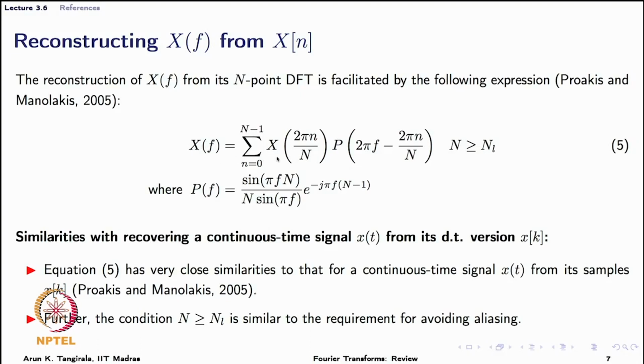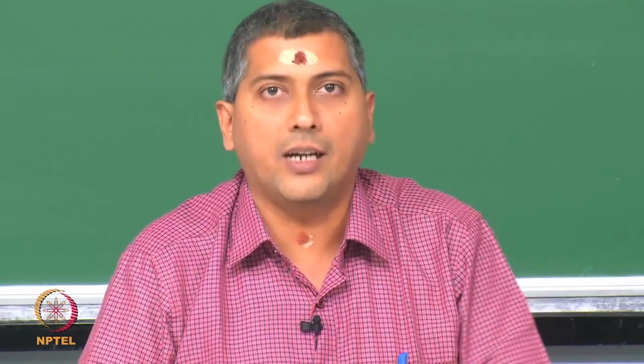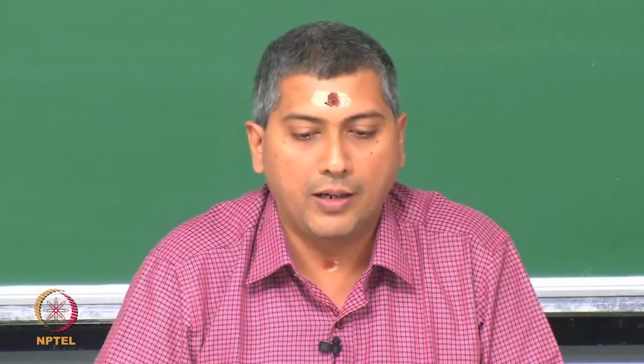Now it turns out that there is a strong similarity of this expression with that of recovering x of t from its sampled data, which we have not seen in this course, but again any standard signal processing text will give you the expression for recovering x of t, the continuous time signal, from its sampled version.